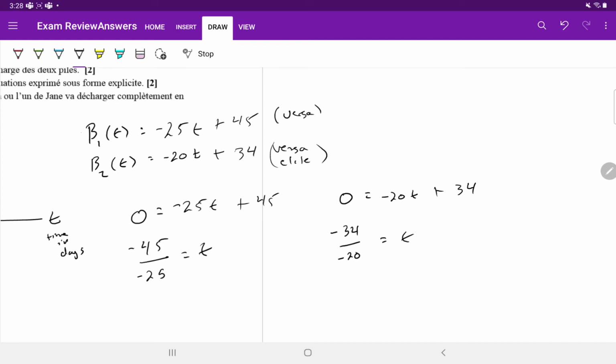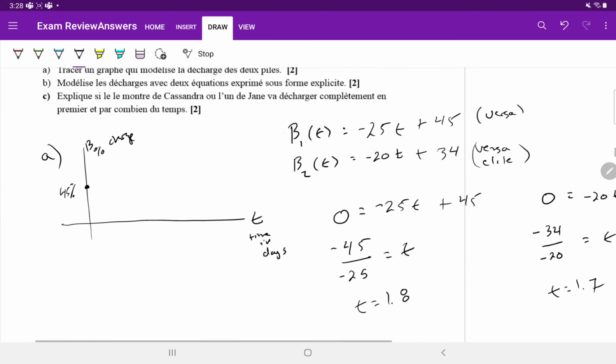At this point, I would just use a calculator. Negative 45 divided by negative 25 gives me 1.8, so t equals 1.8. And negative 34 divided by negative 20 gives me 1.7, so t equals 1.7. So the one at 45 is going to discharge after 1.8 days, and the one at 34 discharges at 1.7 days. That's going to be a straight line.